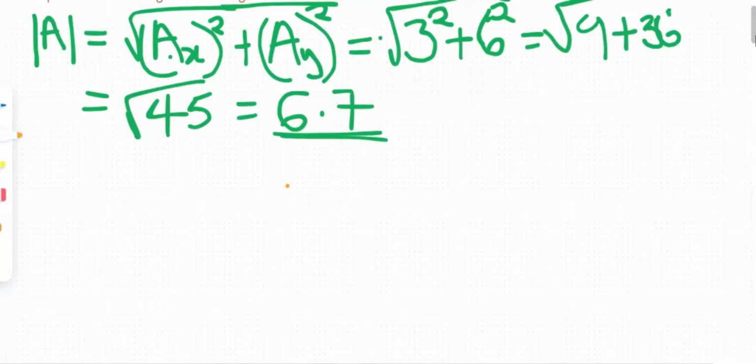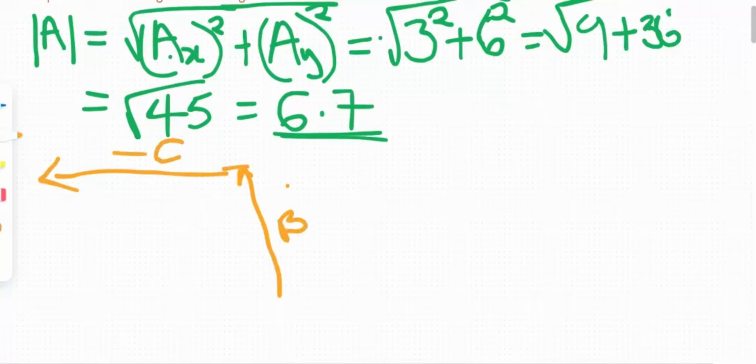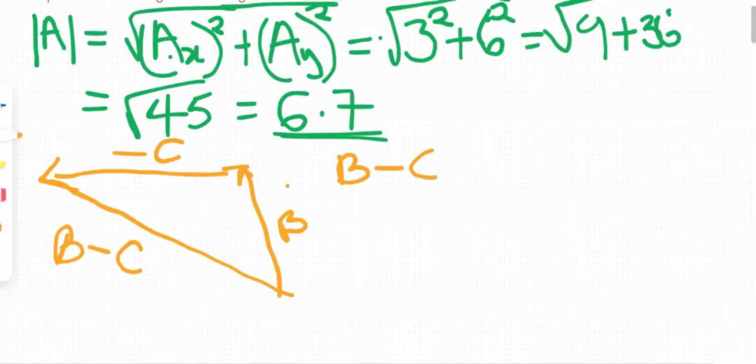So let's assume B goes up this way, then C goes in the negative direction this way. So this is B, and this is negative C. Then the resultant here will be B minus C. So this defines B minus C.